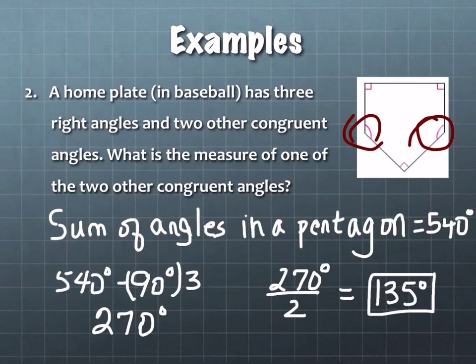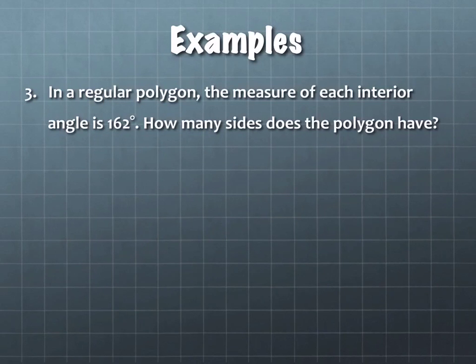Okay, we're going to ask the question from number 1 in reverse next. In a regular polygon, the measure of each interior angle is 162 degrees. How many sides does the polygon have?